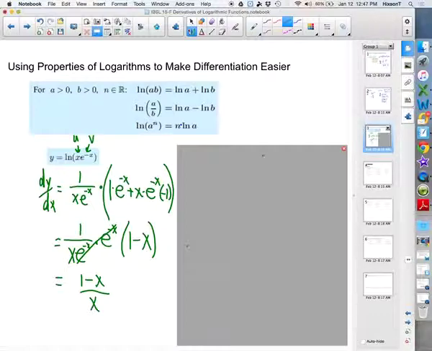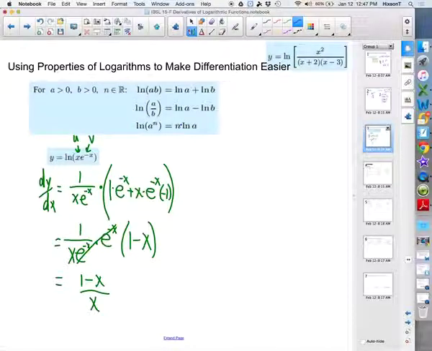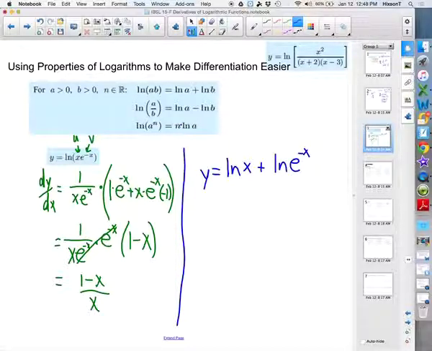However, if instead we rewrite this a little bit and make it y equals ln of x plus ln of e to the negative x. First of all, what is ln of e to the negative x? The ln and the e cancel out, so it'd be negative x. So this would just be the ln of x minus x.